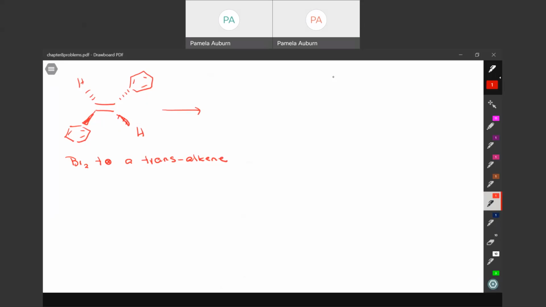So what happens is initially, I'll just draw the products. So we'll draw the products for anti-addition. And I'm going to abbreviate phenyl as Ph, just because it's easier to do that.